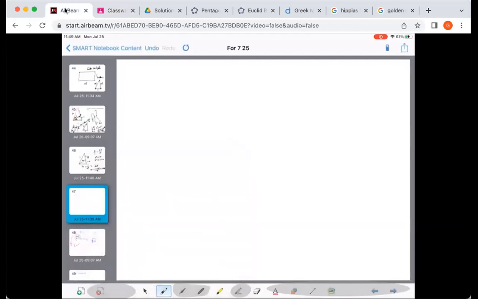How to construct -1 plus the square root of 5 over 2.